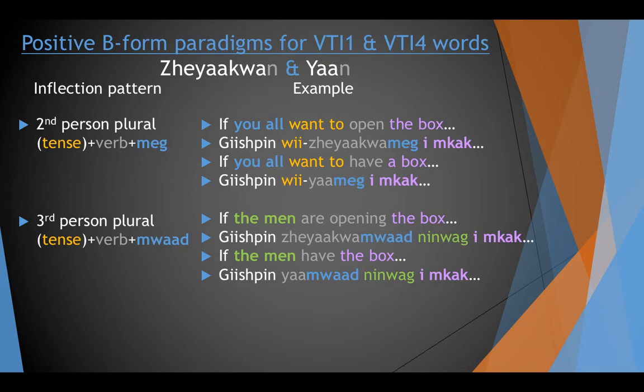Or you could say Gishbin ninwak yamwad imkuk. So that's how you say if the men have the box. Again, this is all just modeling how Ojibwe sentences and clauses are structured for you guys, so you can input your own nouns and verbs as necessary to reflect your own situations.